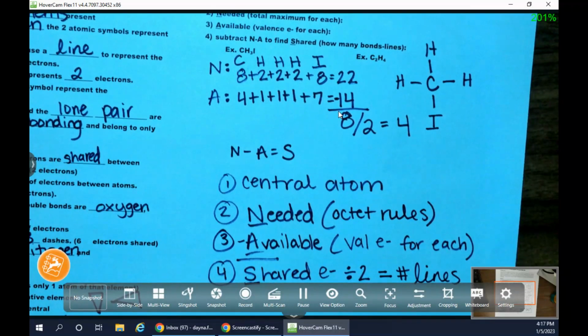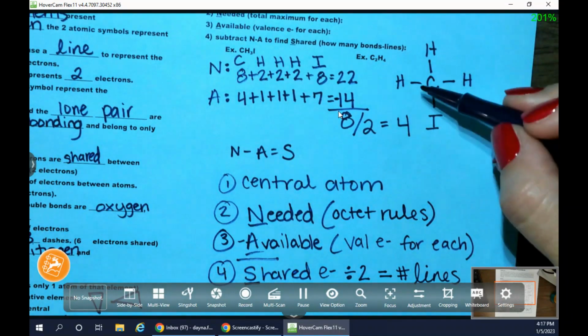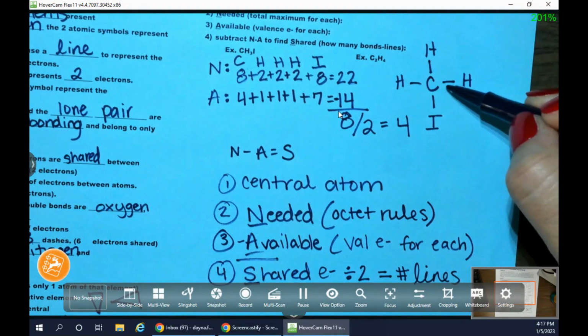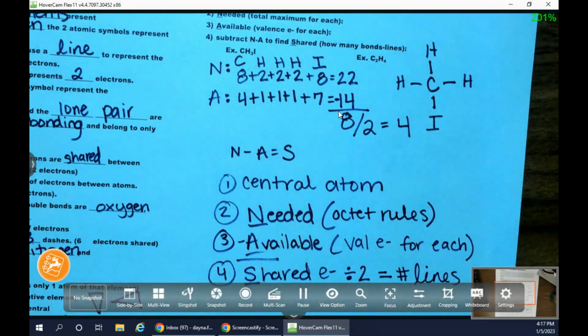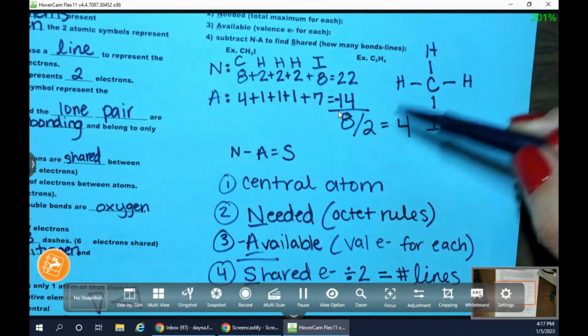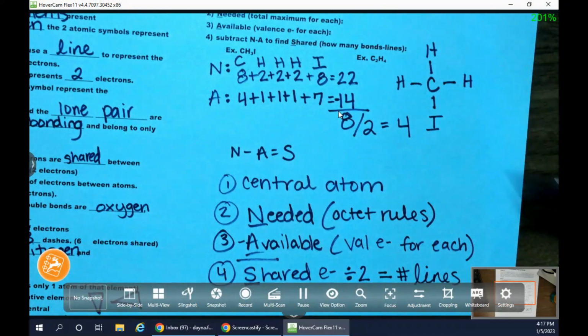Does it matter which way you go? No, absolutely not. Okay, so now what we have, 1, 2, 3, 4, 5, 6, 7, 8 electrons on my page. We have to have 14. Where do you think those lone pairs are going to go? Iodine. Why? Because it has extra electrons. It's the first one that needs electrons. Yeah, you both are saying the right thing.